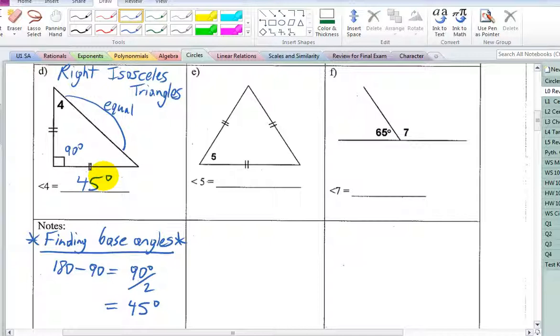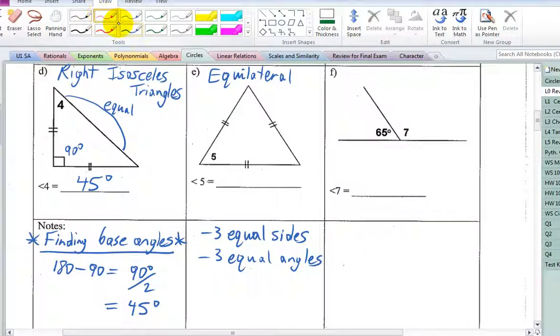Okay. What kind of triangle is E? Equilateral. So this one has 3 equal sides, as well as 3 equal angles. So what's our total sum for all triangles?